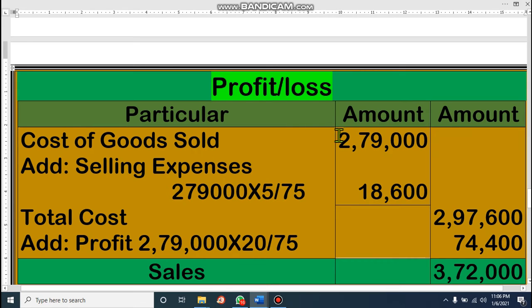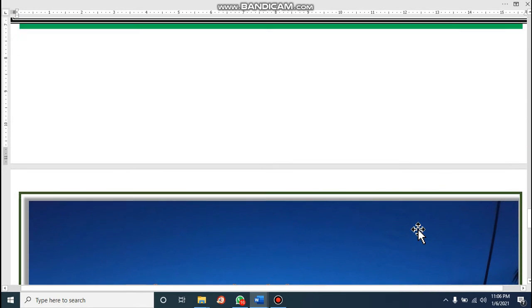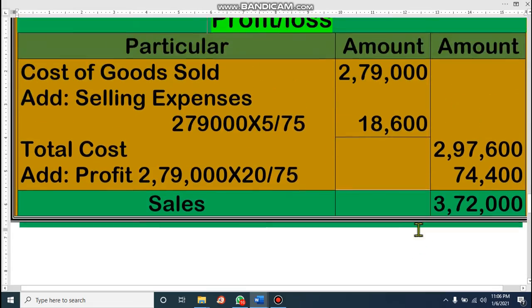Cost of goods sold 2,79,000 plus selling expenses 18,600, that means our total cost is 2,97,600, and profit is 74,400. Therefore sales is 3,72,000. I hope all of you understand, dear student.